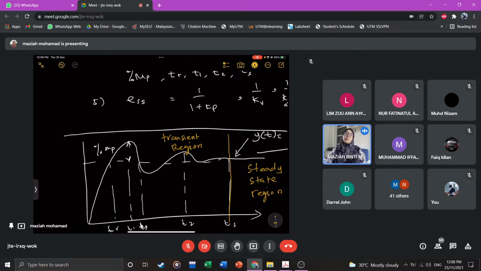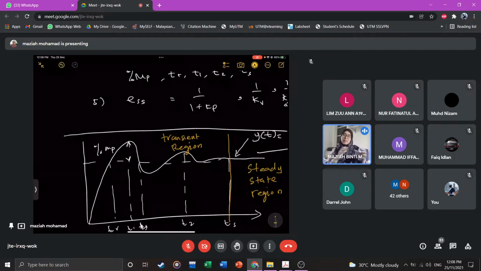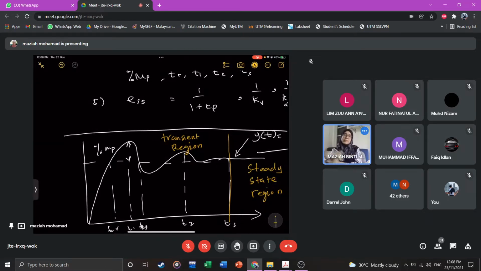So meaning by now, you should be able to get the time response equation for any system, and then you will be able to analyze whether it is at the transient region or at the steady state region. So the steady state region is steady state error. For the transient, all these parameters here, and I choose second order system as the example.